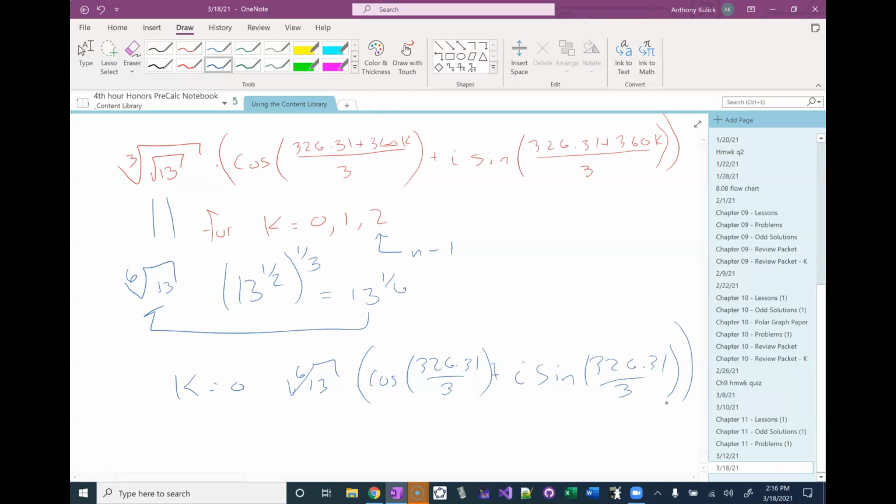Cosine 326.31 divided by 3 times 13 to the 1/6 is negative 0.493. And I do the same thing for sine, and that's 1.452.